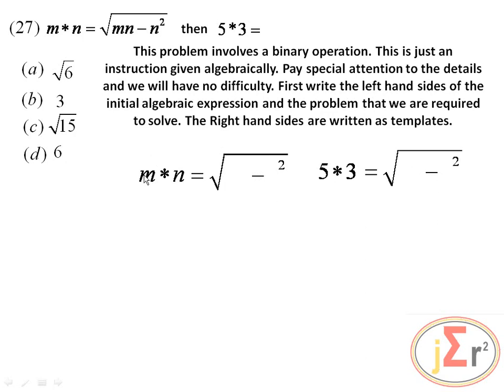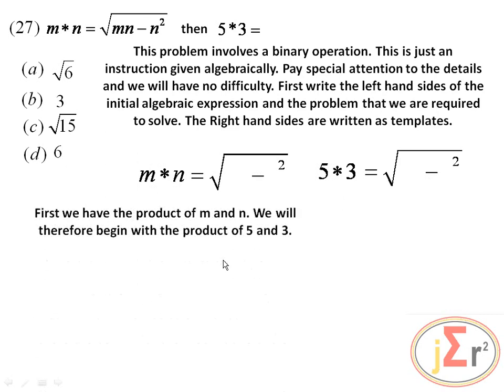So we have M asterisk N and 5 asterisk 3. These two must be shown to have the same form. First, we have the product of M and N. We will therefore begin with the product of 5 and 3. It is as easy as that.